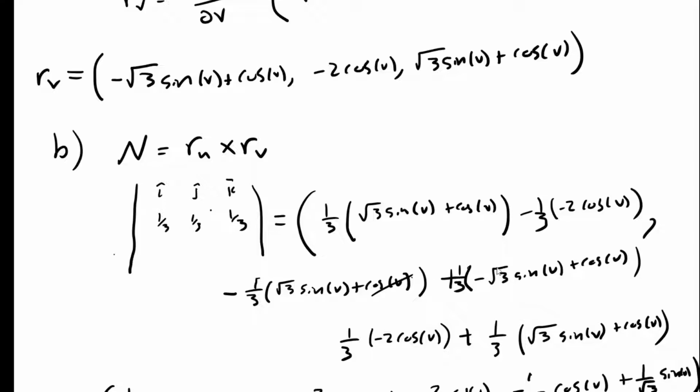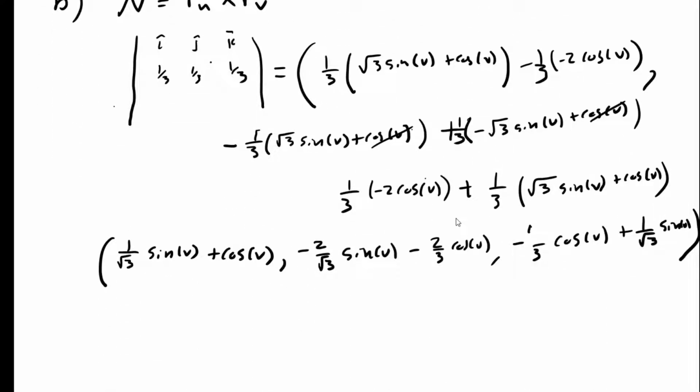Okay, so the cosine terms actually cancel out, right? Because we have negative 1/3 plus 1/3. Yeah, so the cosine terms cancel out, so that shouldn't have been here at all. This is gone.